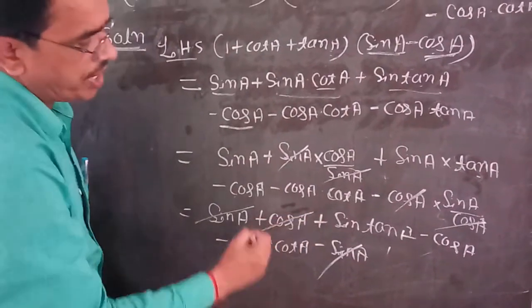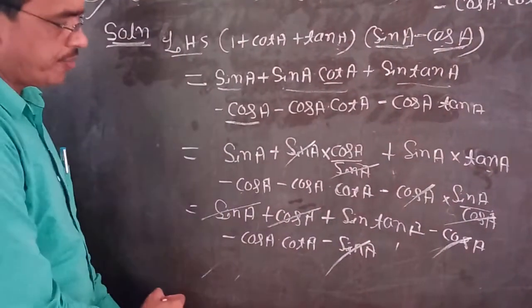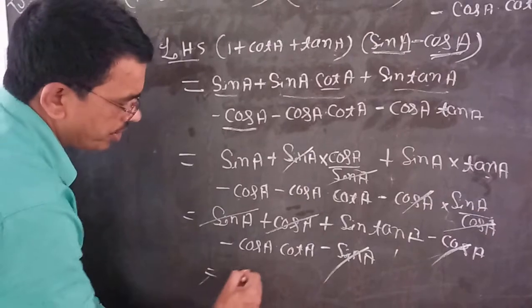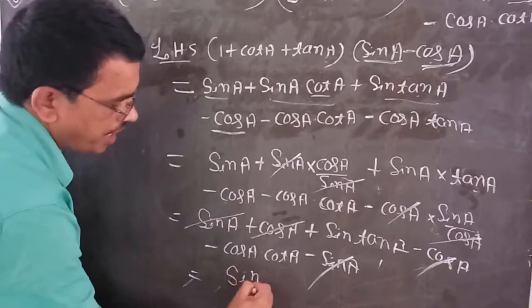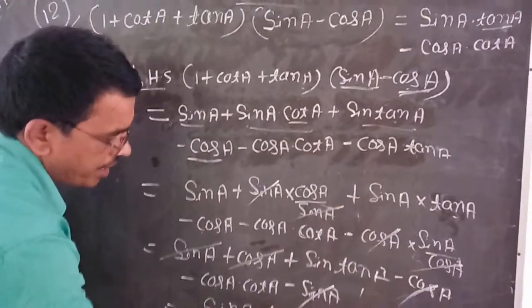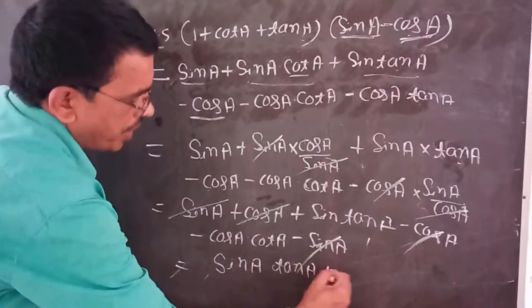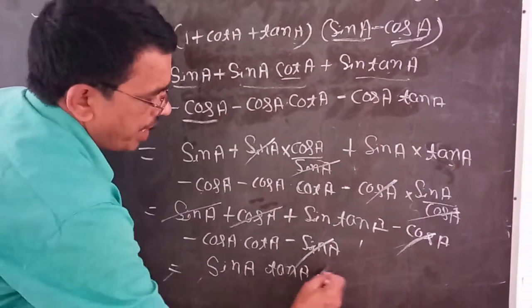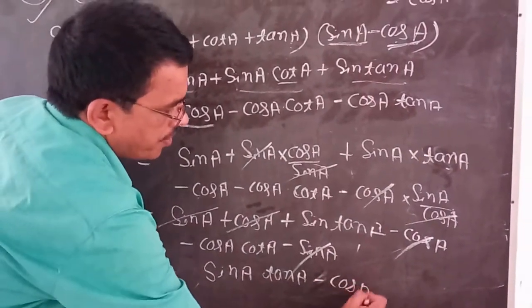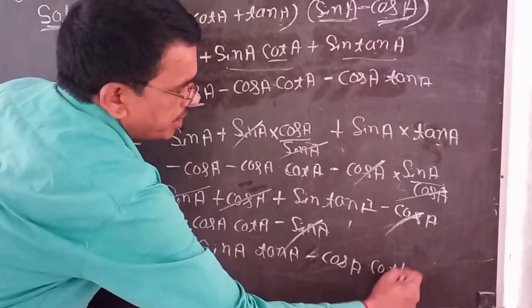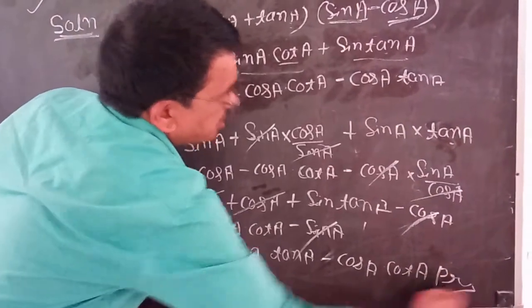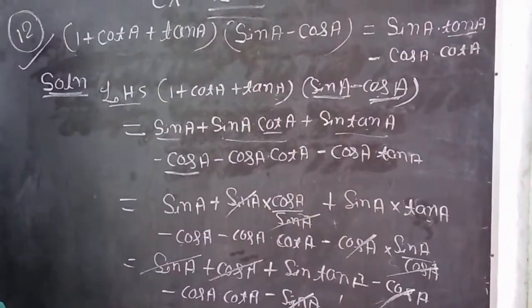This is cos A plus and this cos A minus, cancel. So what remains is your RHS, that is sin A into tan A minus cos A into cot A. That is the proof. It is RHS. So only multiply and get your solution.